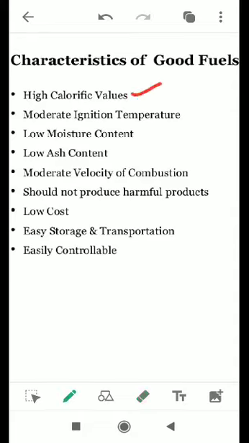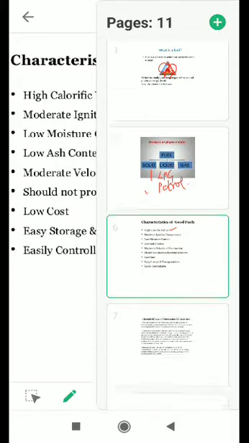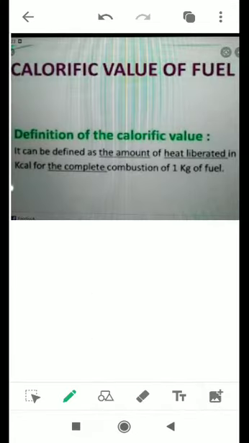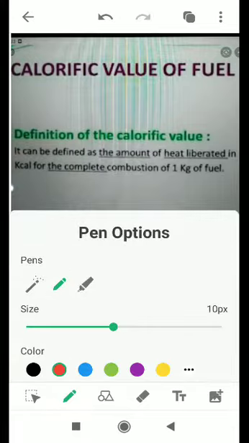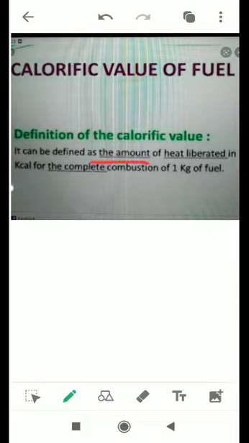Let us see first what calorific value is. Calorific value can be defined as the amount of heat liberated in kilocalories for the complete combustion of 1 kg of fuel. It is the amount of heat liberated when 1 kg of fuel is completely burned in sufficient supply of oxygen. That is called the calorific value of that fuel.